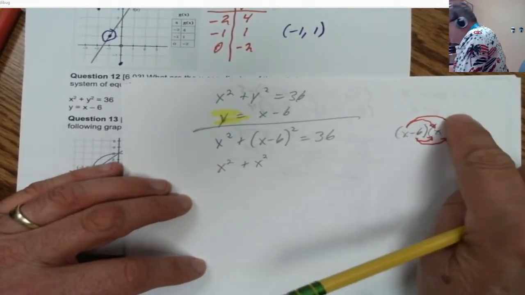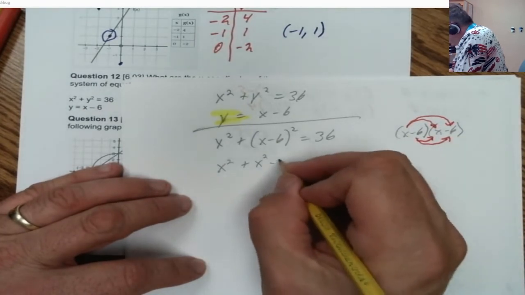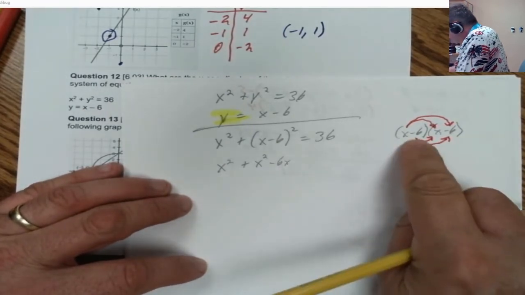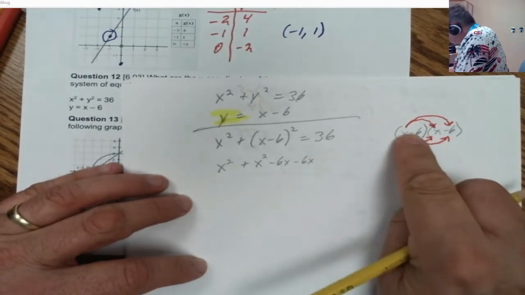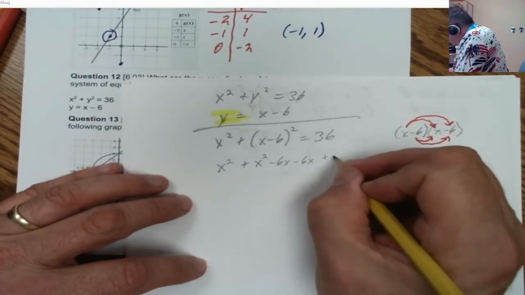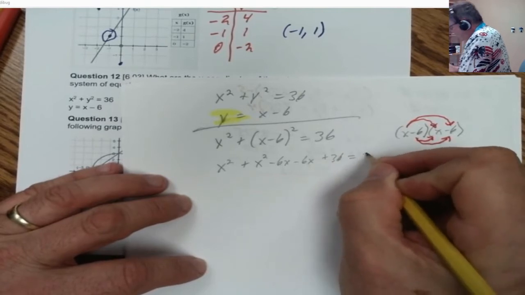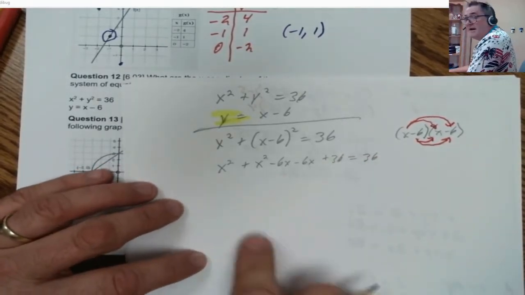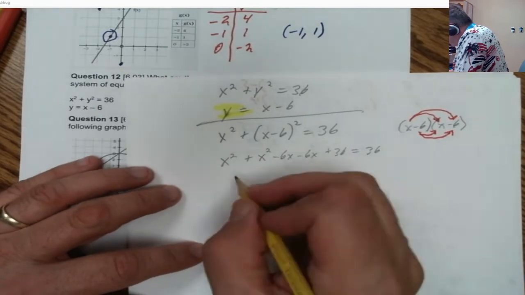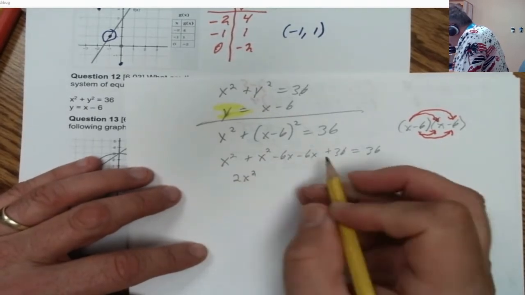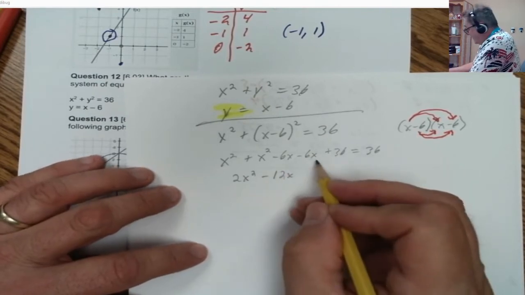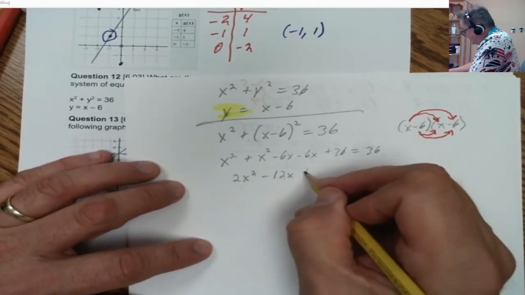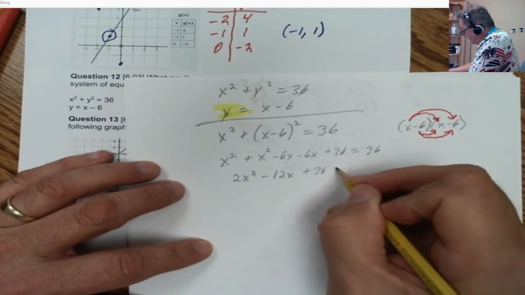X times -6 is -6x. This -6 times x is -6x again. And -6 times -6 is a positive 36, equals 36. Let's simplify like terms. We have 2x squared, and then minus 12x because it's minus 6x minus another 6x, and then plus 36 equals 36.